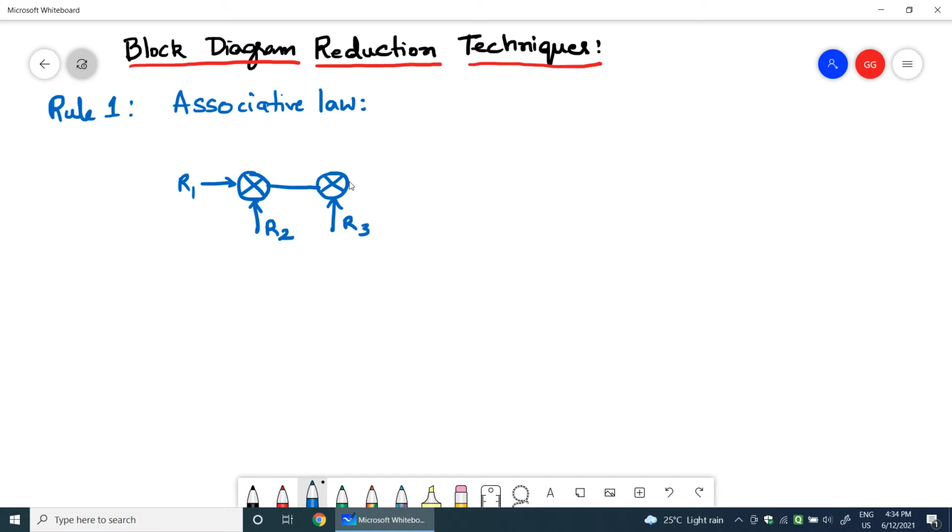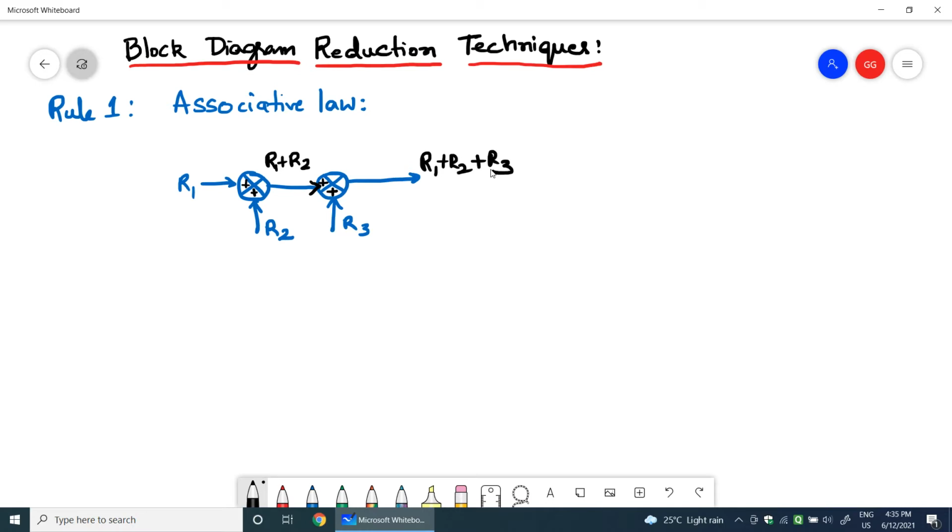The output at this point, if both are plus, would be R1 plus R2. Now if this is plus, then the output at this summing point would be R1 plus R2 plus R3.